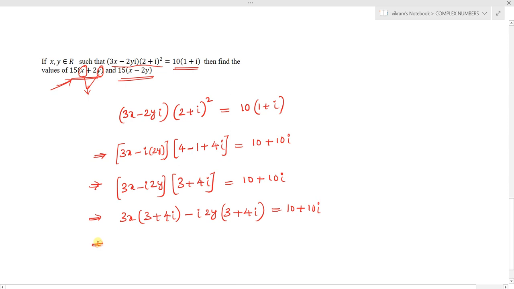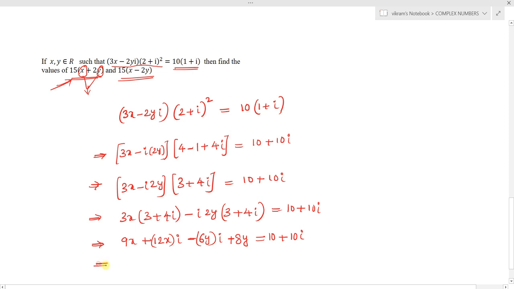So what we get is 9x plus 12x times i minus 6y times i, and minus 8y i square, which becomes plus 8y, equals 10 plus 10 times i.